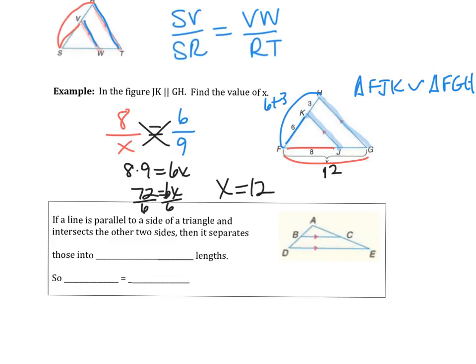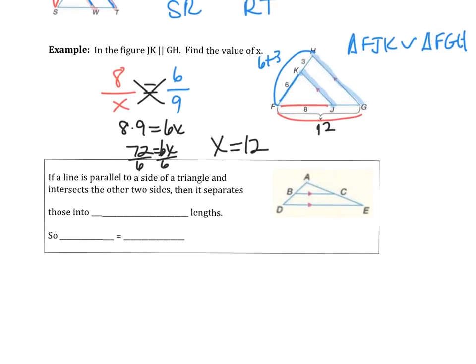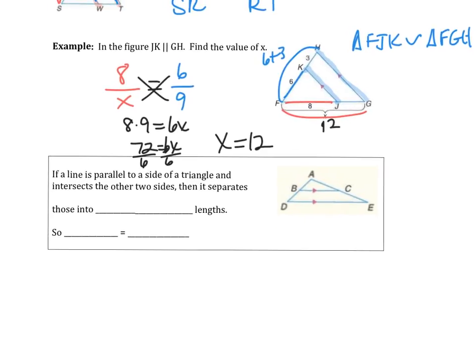Moving on. If a line is parallel to a side of the triangle and it intersects the two sides, then it separates those sides into proportional lengths.